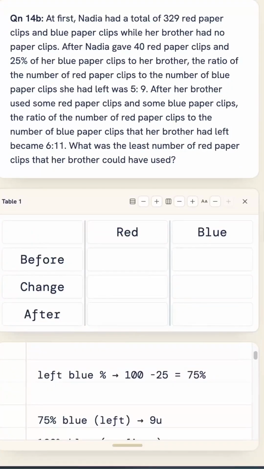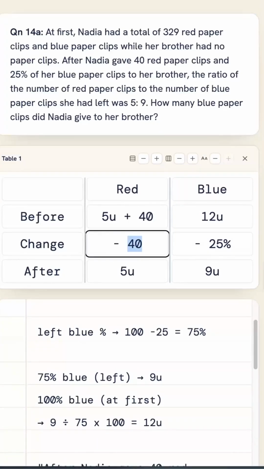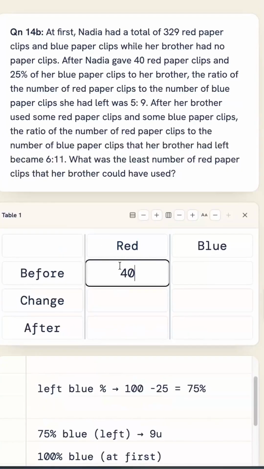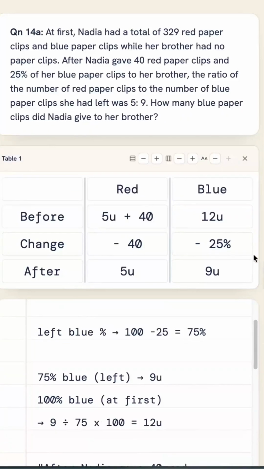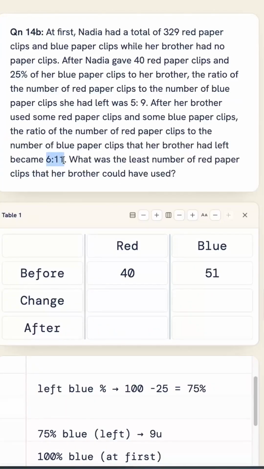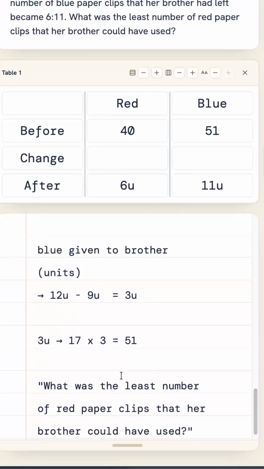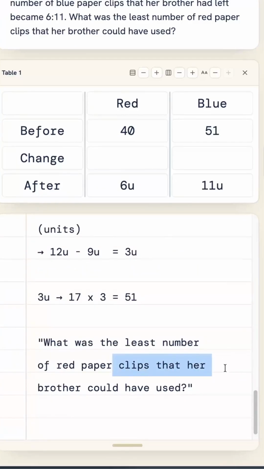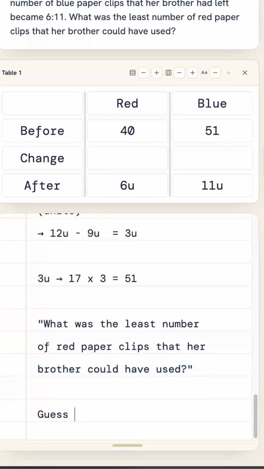From the previous question, we know that we gave our brother 40 red and 51 blue, which is 25%. From there, he used some red and blue paper clips, and this becomes 6:11. Since the question asks for the least number of red paper clips that her brother could have used, in a way we can brute force, guess and check.